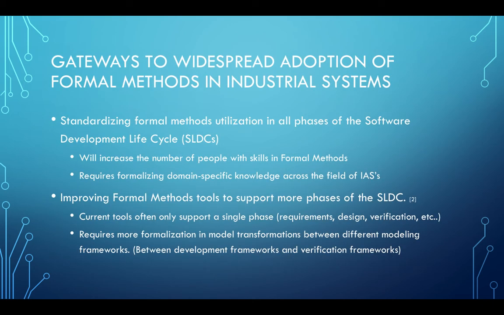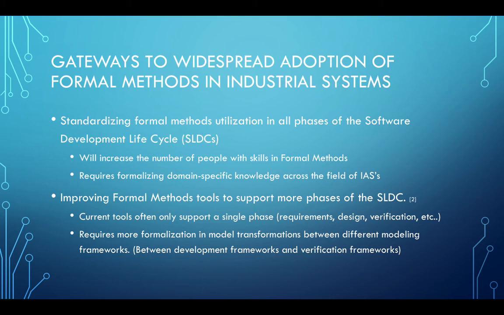So given that formal methods are not as widespread in industry, in industrial systems specifically, as they could be and should be, what are some things that need to change for them to become more widespread? Well, first, if the usage of formal methods was standardized in all phases of the software development lifecycle, it would increase the number of people with skills in formal methods.